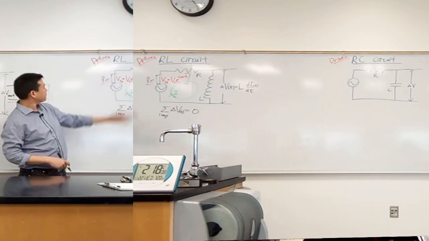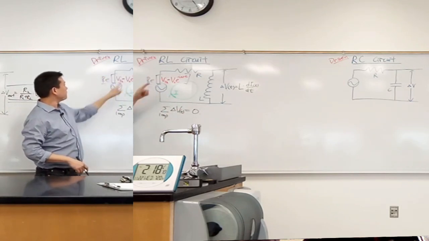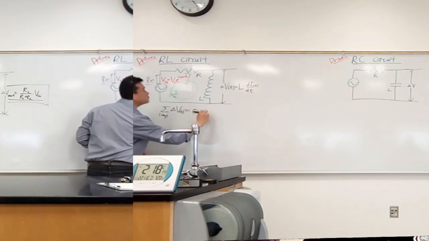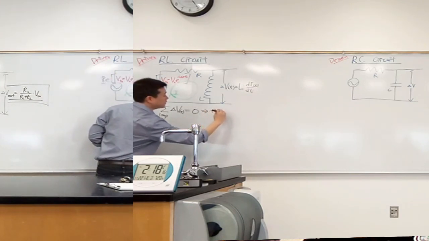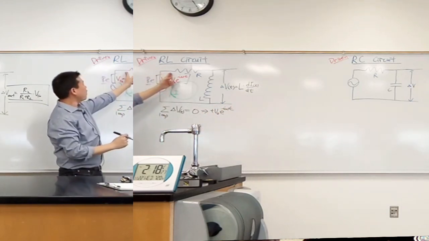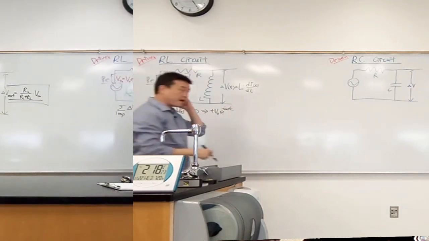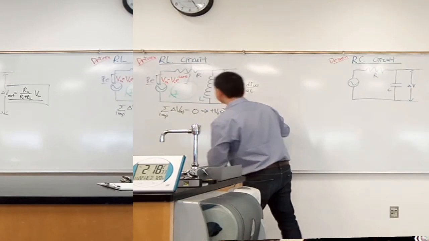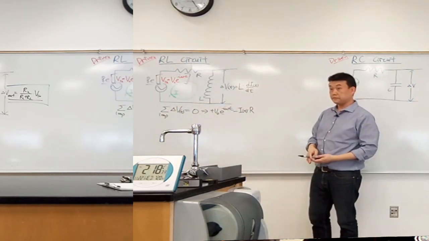So let me write it down. As I go across the voltage source, I gain this much voltage. So plus V naught e to the i omega t. As I go across the resistor, I lose some amount of voltage, call it minus current I as a function of time times R, right?